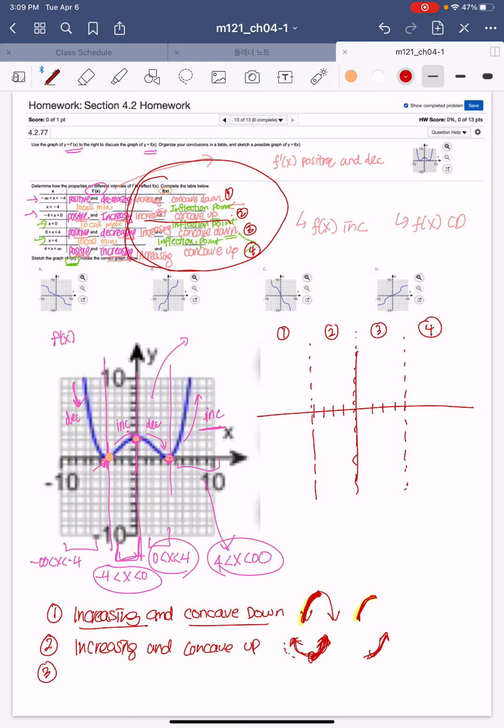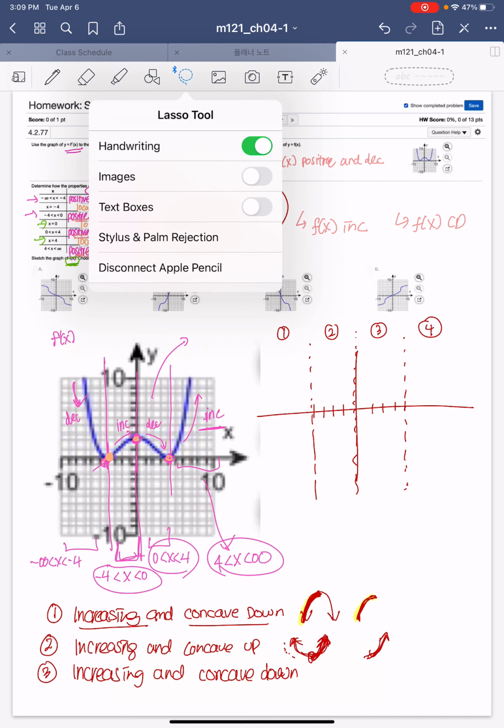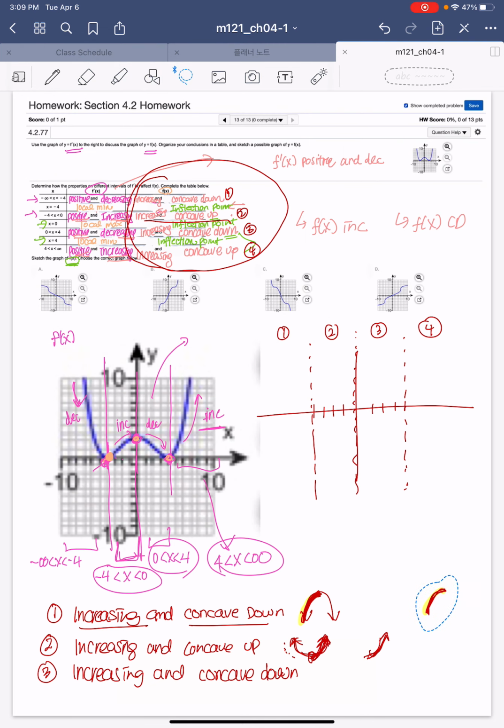Number 3, we have increasing and concave down. This is the part that we will be using. Increasing and then concave down.